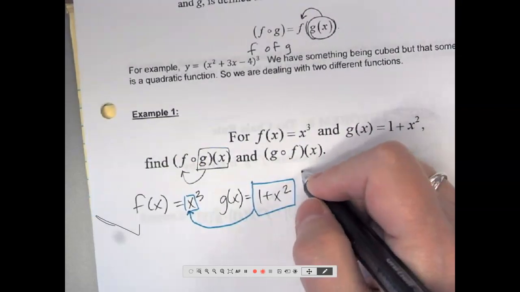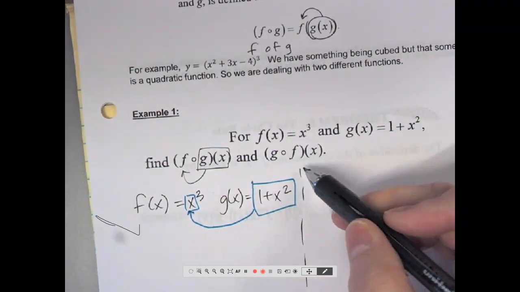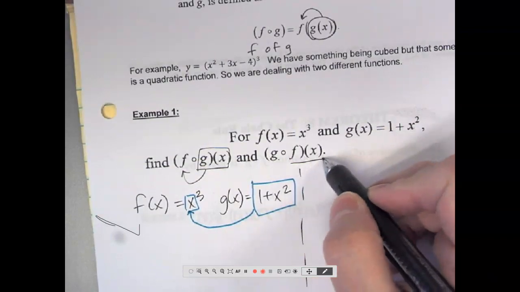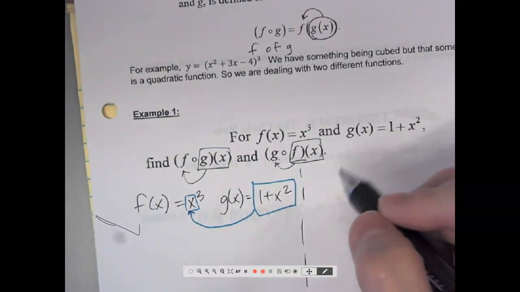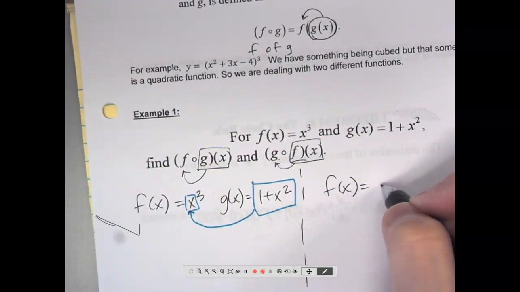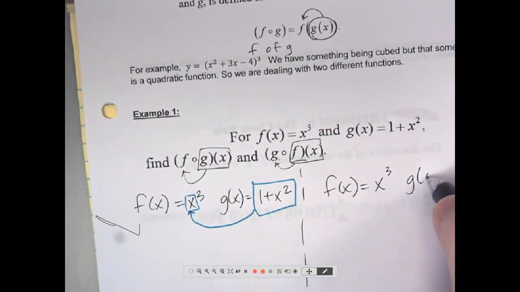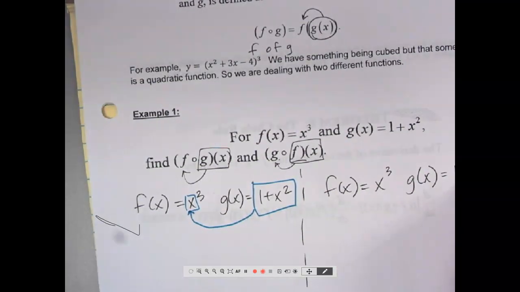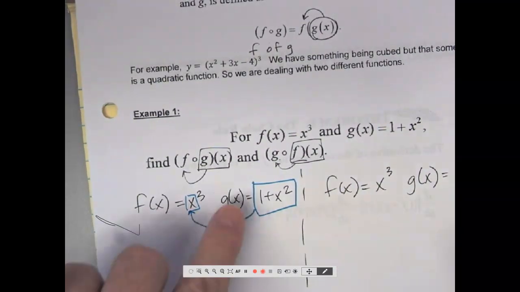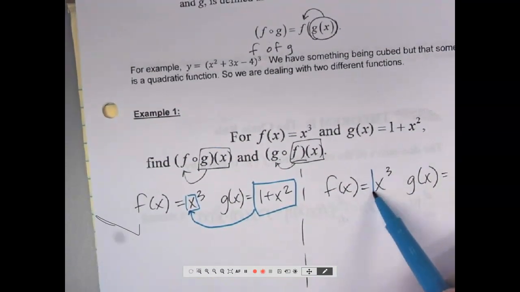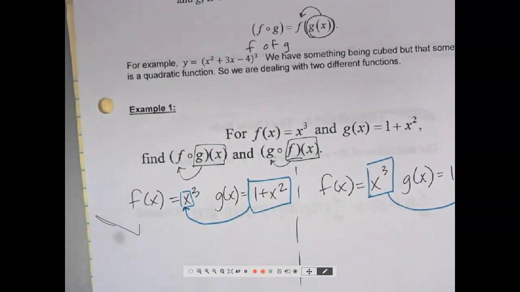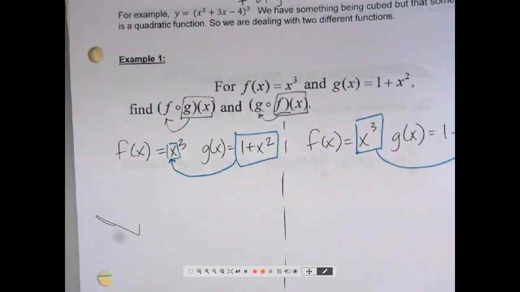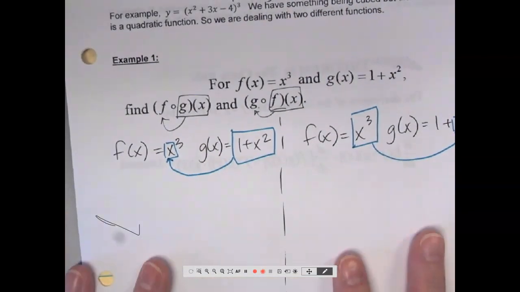Okay, so over here, when I do g of f, that means the exact opposite. It means take f and plug it into g. So if I have f of x equals x cubed and g of x equals 1 plus x squared, then g of f means take this whole thing and plug it in there. So do you see how they're opposites? Now, like I said, occasionally they will result in the same thing, but not often.